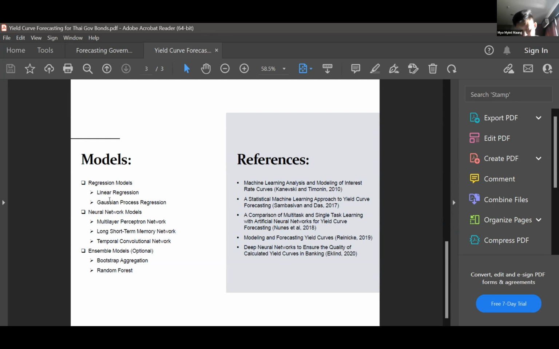From the regression models, there is linear regression and Gaussian process regression, and most of the papers emphasize the application of deep learning models on this problem. So I will probably use 2 or 3 of them to compare the models and the results. Yeah, so that's all. I've only prepared 3 slides.